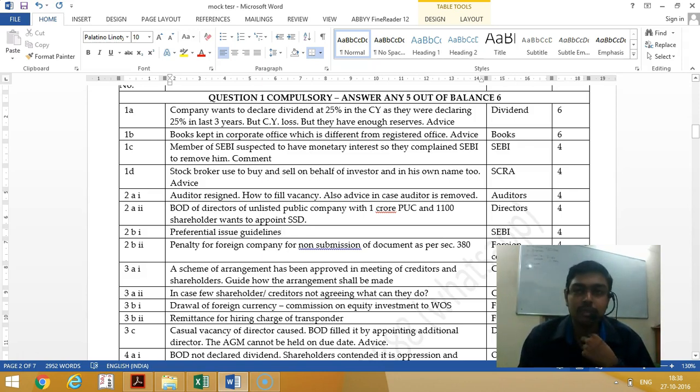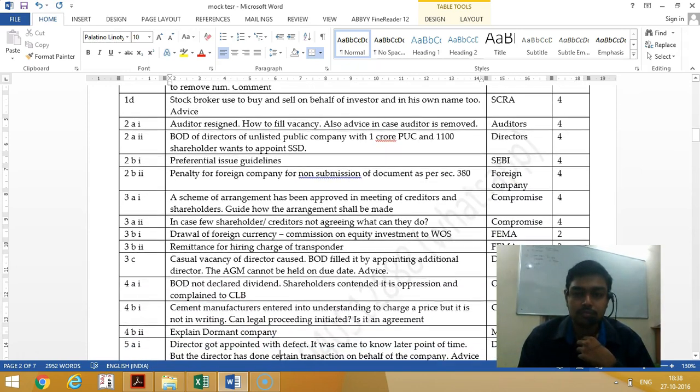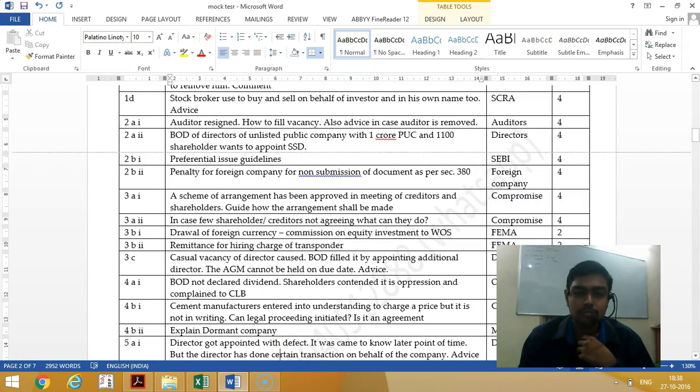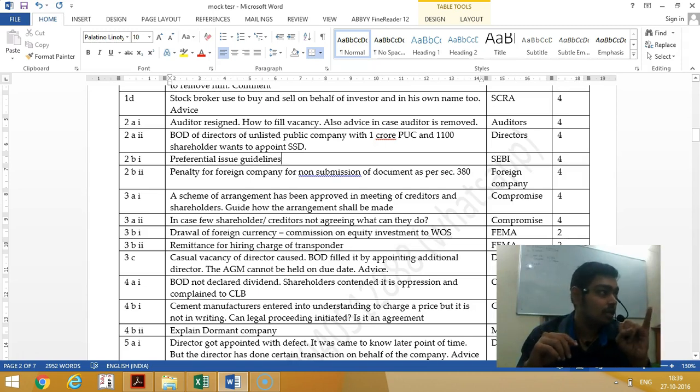Preferential issue guidelines of SEBI. If the company is already listed, okay, it's listed for less than 6 months or more than 6 months. Less than 6 months, 3 prices, average of 3 prices. First one, from the date of listing till date.